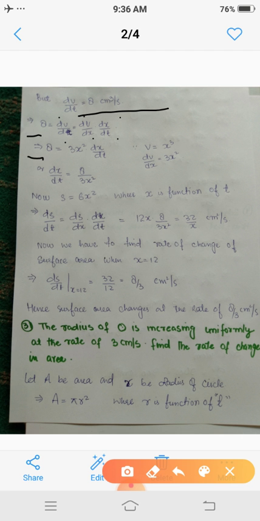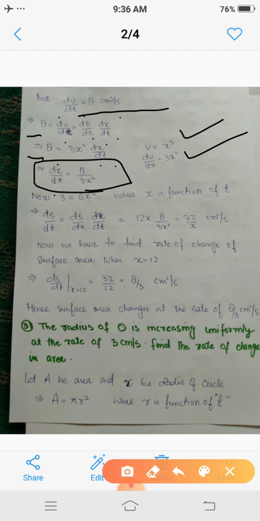So 8 equals, now dV by dx is 3x square, because here V is x cube, which implies that dV by dx is 3x square. So this means that dx by dt is 8 by 3x square.